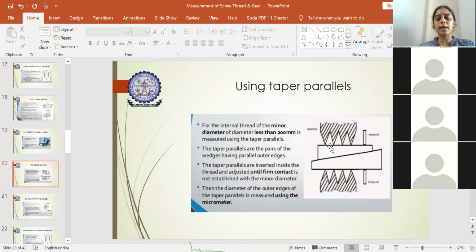Once that is done, the diameter of the outer edge of the taper parallels is measured using the micrometer. The wedges will be connected to a micrometer. It could be a hand micrometer or a bench micrometer. That provides the reading of the minor diameter. So this is one method to determine the minor diameter in case of an internal thread. This is not applicable for the external thread.